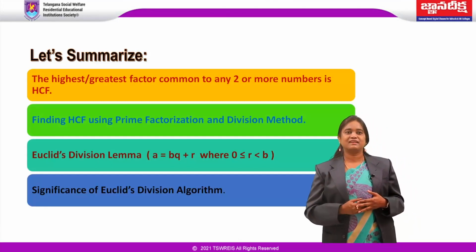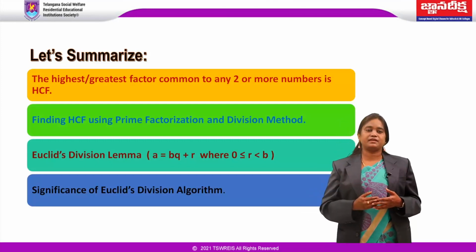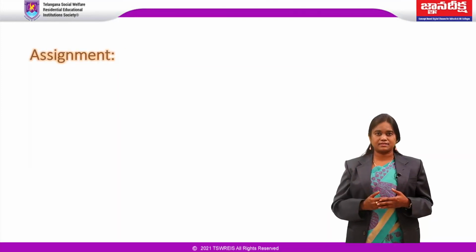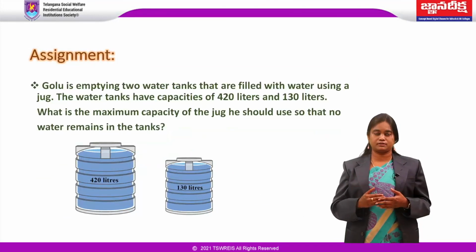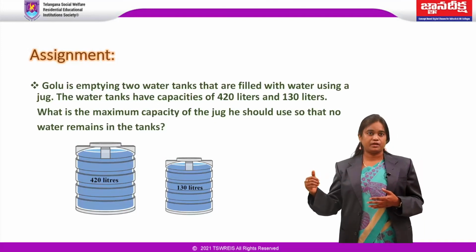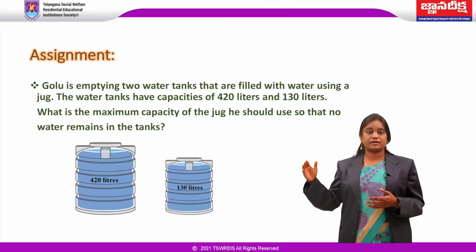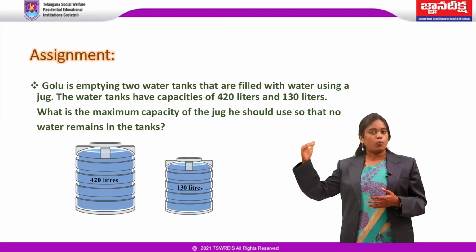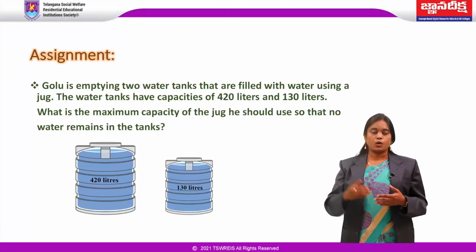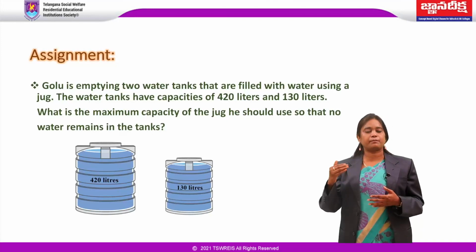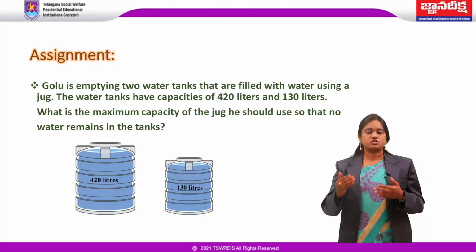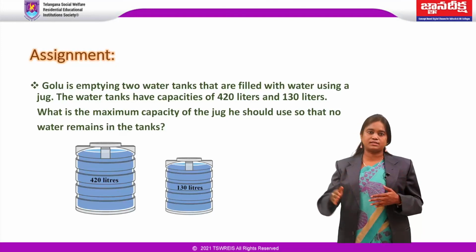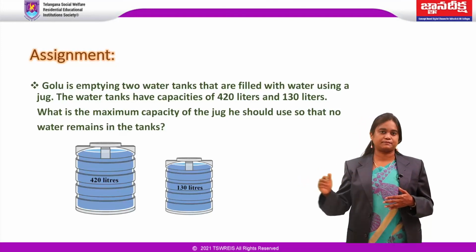Try this. Golo is emptying 2 water tanks that are filled with water using a jug. The water tanks have capacities of 420 liters and 130 liters. What is the maximum capacity of the jug he should use so that no water remains in the tanks?